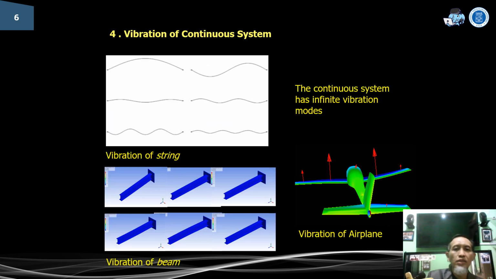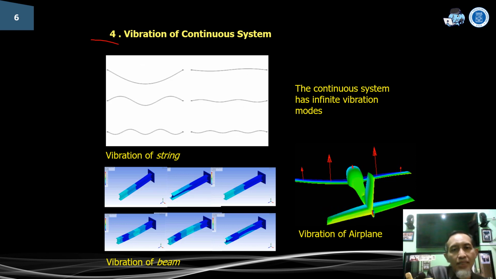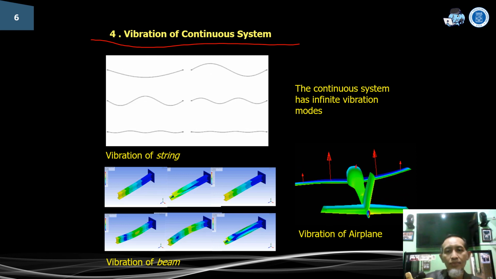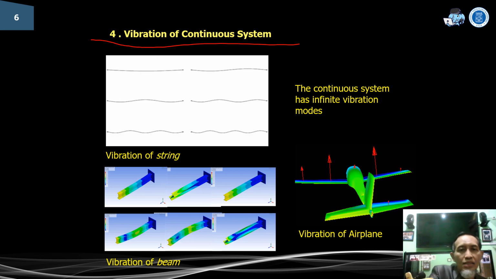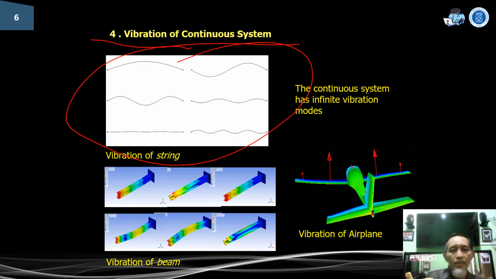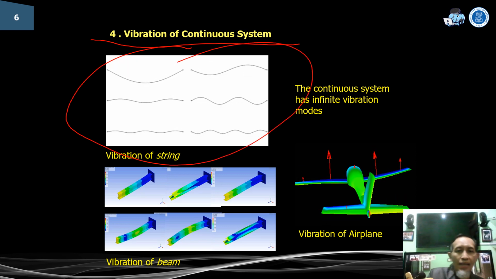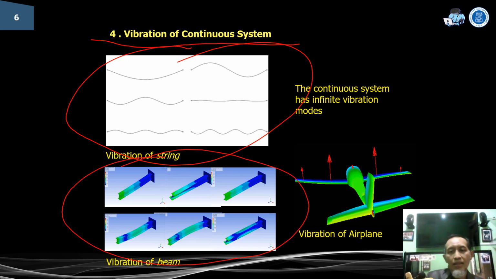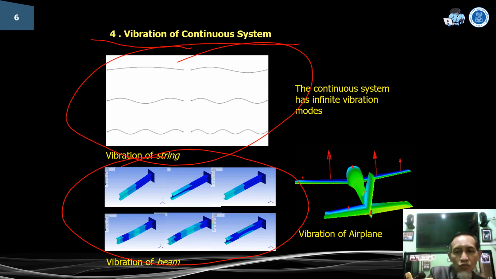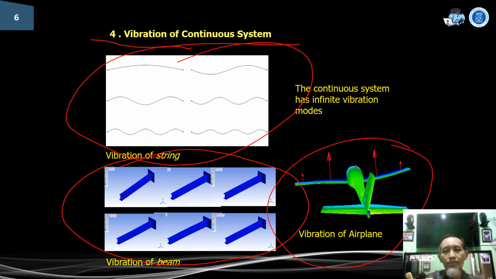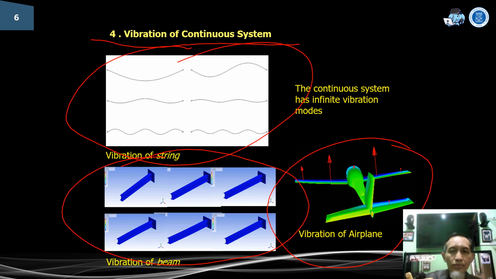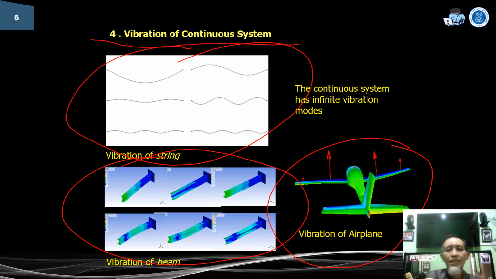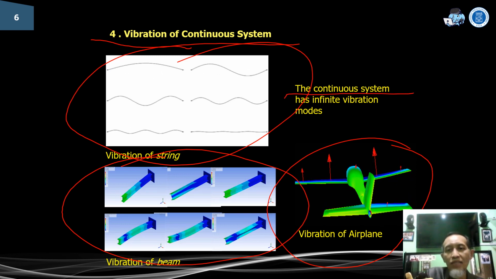Okay, in this fourth example, it's vibration of continuous systems. This is a vibration of a string, and this one is vibration of a beam, and this one is vibration of an airplane. Theoretically, the continuous system has infinite vibration modes.